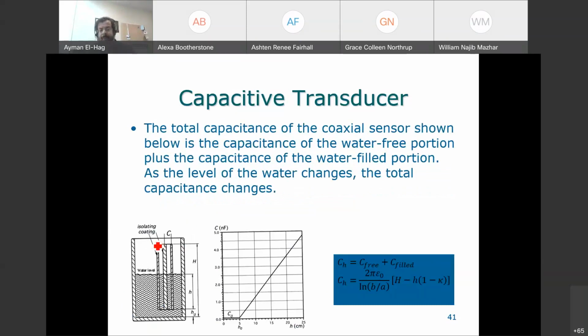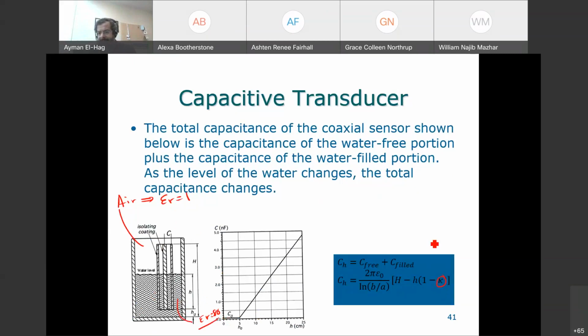Basically, the material is composed of two: we have air, where epsilon r is equal to 1, and then we have water, where epsilon r is equal to 80. So there's a huge difference between the epsilon r of water and air, so the capacitor value will change significantly.